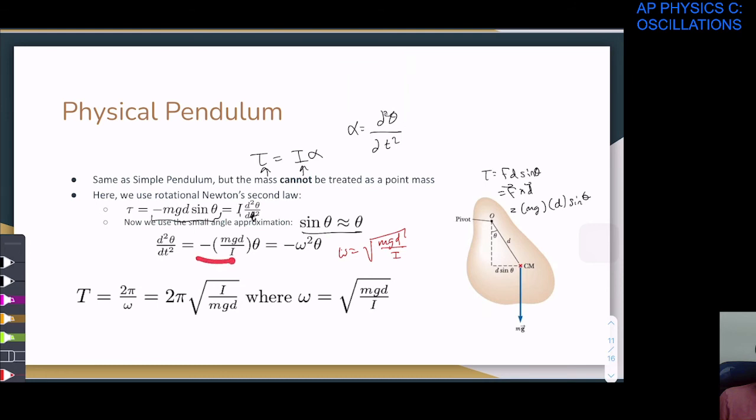And we have to make sure that this is constant, right? So m is a constant, g is a constant, d is a constant, because no matter where this object is, the pivot to the center of mass is always going to be the same distance. And of course, our moment of inertia doesn't change. So these are all constants. That's why we're allowed to define this new constant, omega. We just lump all this into omega here. And now we say this is equal to minus omega squared theta.